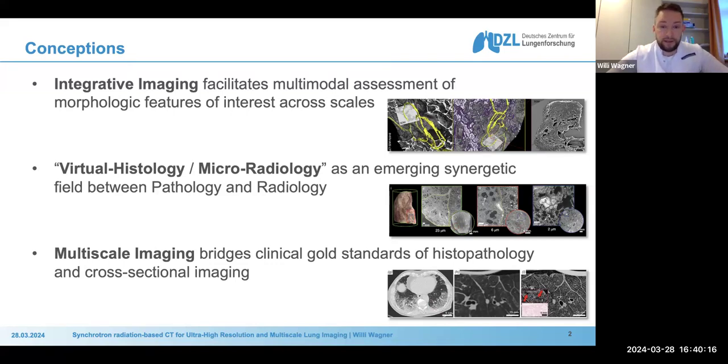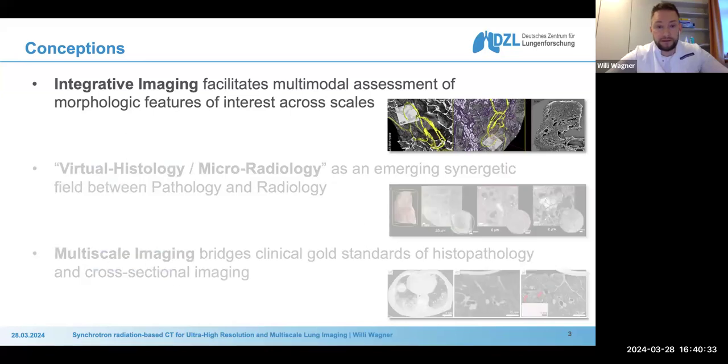And I will show you what I mean by that. So in this talk, we'll start from the small stuff and then move on to the bigger stuff. And at the end, we will look at what we envision a clinical setup could look like for imaging patients.